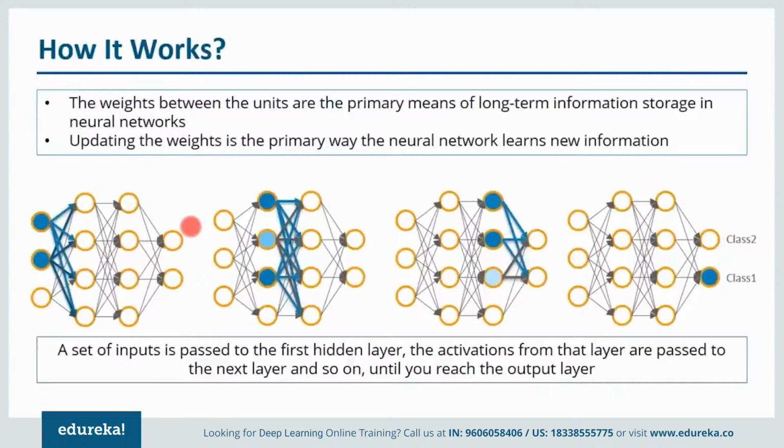The backpropagation algorithm helps the model to learn and update the weights in order to increase the efficiency. This process from the input layer to the output layer is called the feed forward process. And then when we backpropagate in order to increase the accuracy so that we can update the weights, that is called backpropagation. We'll understand backpropagation in more detail. So let us move forward and understand what exactly is backpropagation.